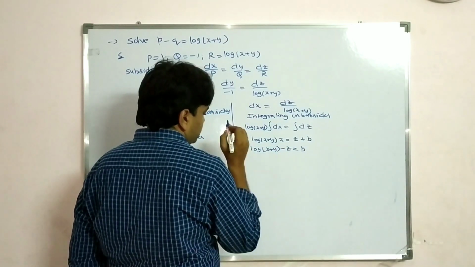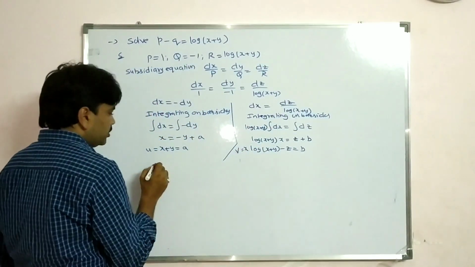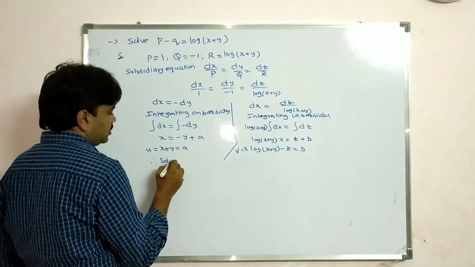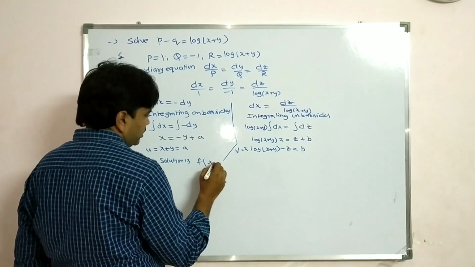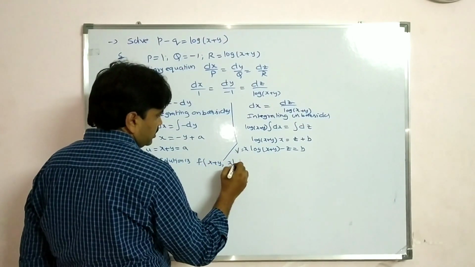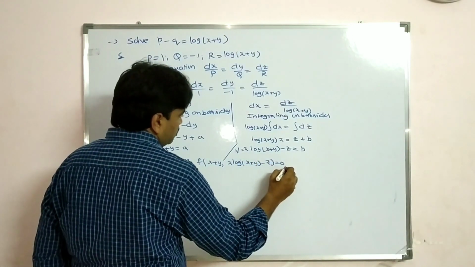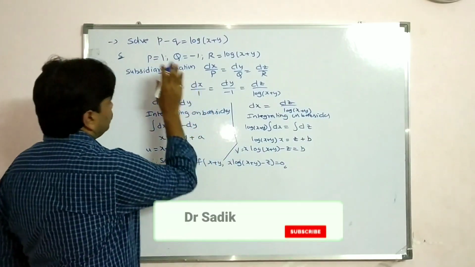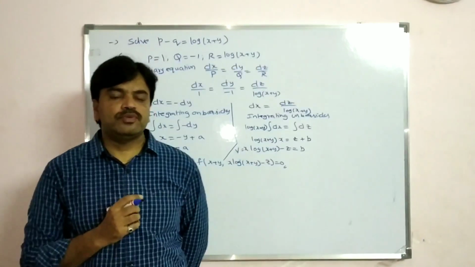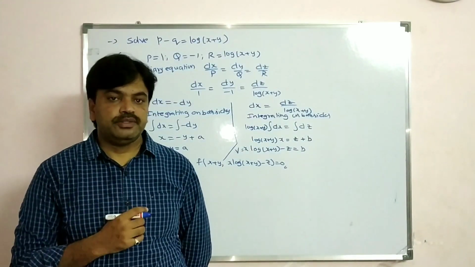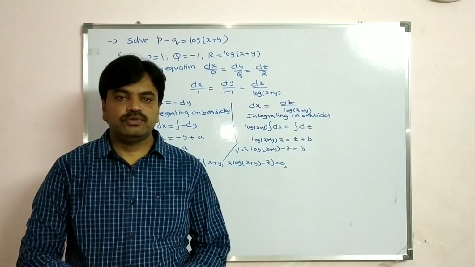So this is v, students. So the required solution is f of x plus y, comma x log of x plus y minus z, is equal to 0, which is the required solution of the given equation. This problem is very, very important, students. Do it carefully. Hope you understand, students. Thank you for watching this video. Jai Hind.